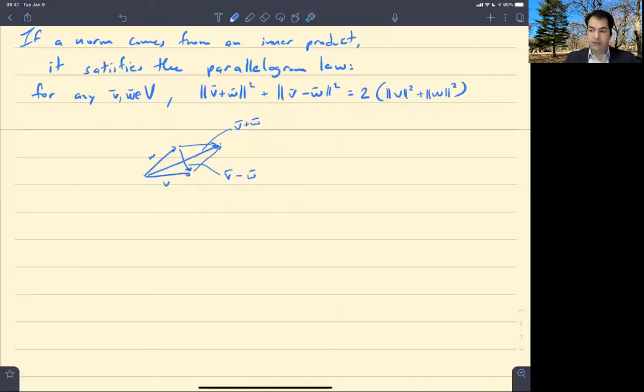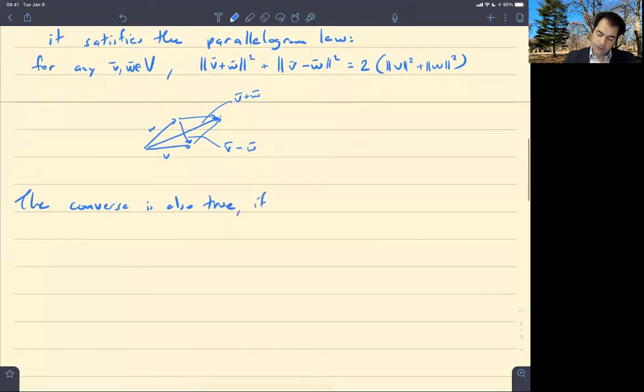Hence the name. Every norm that comes from an inner product satisfies the parallelogram law, and then the converse is also true. If a norm satisfies the parallelogram law, then it comes from an inner product.